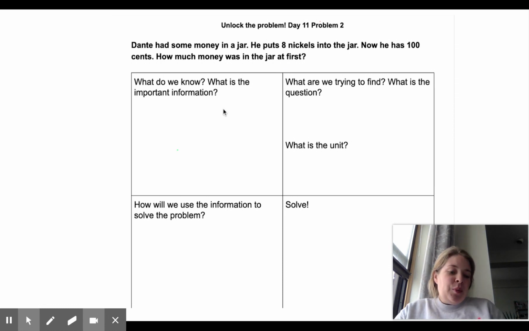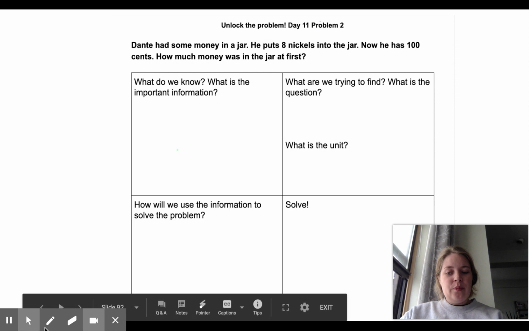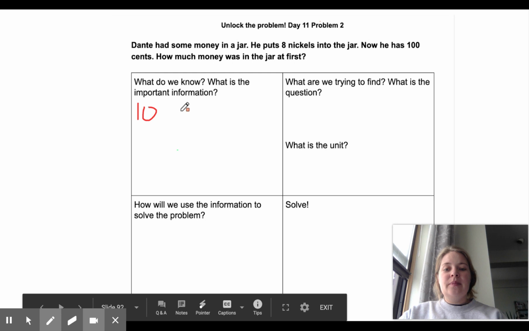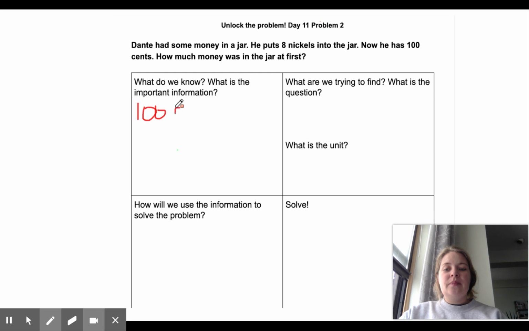So what do we know? We know that Dante has 100 cents. We know that of those 100 cents, 8 are nickels, and nickels are worth 5.